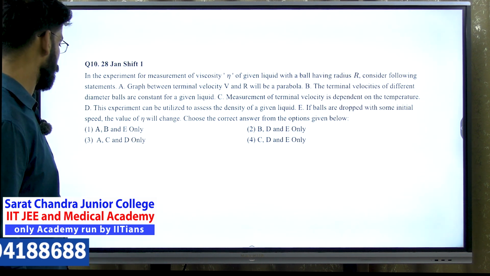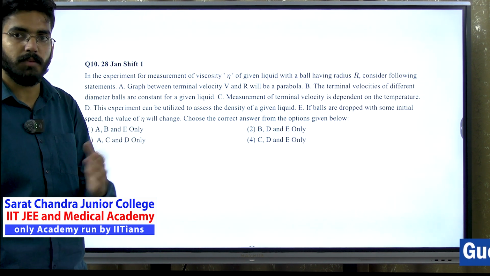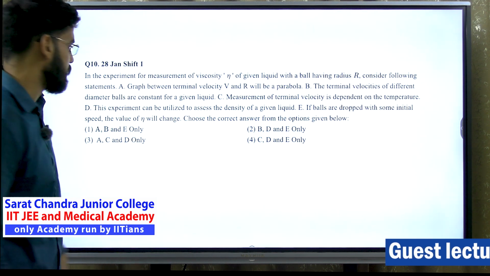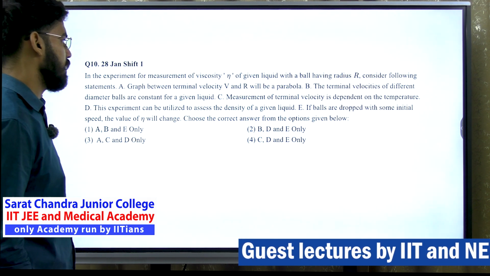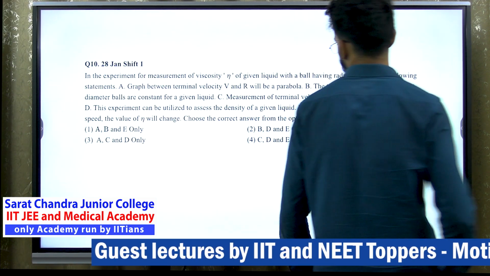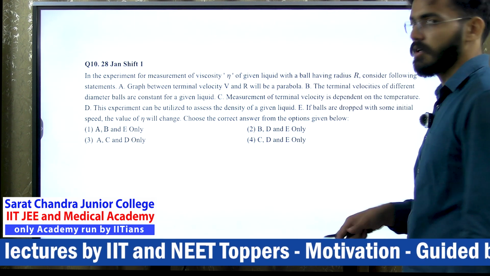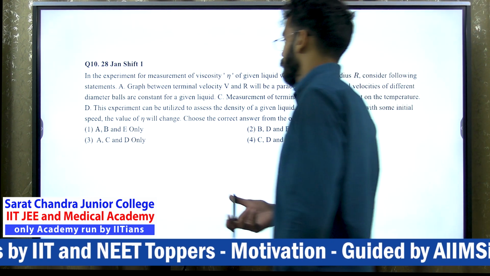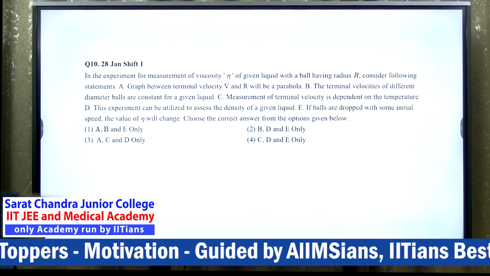Yes, because in the formula the density of the liquid is coming, right? So if you have the other parameters, you can find out the density of the liquid. And the next thing, E part: if balls are dropped with some initial speed, the value of eta will change. No, eta is a property of the liquid, right? So why will it change if you are dropping with some initial velocity? So statement E is wrong. So the option is the third answer.